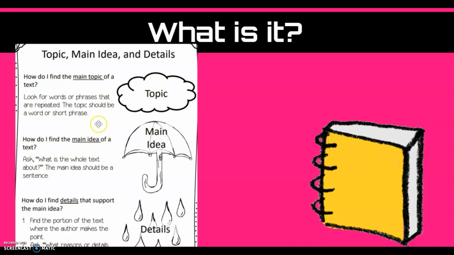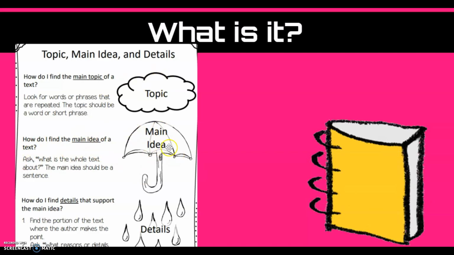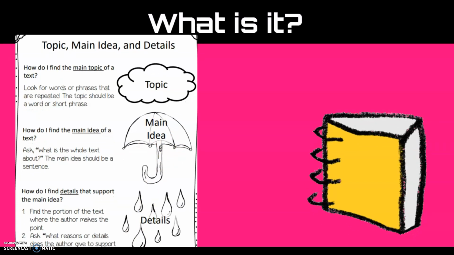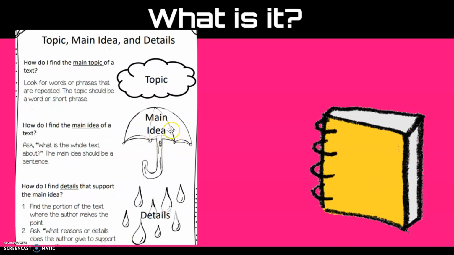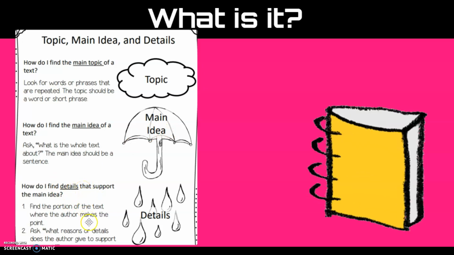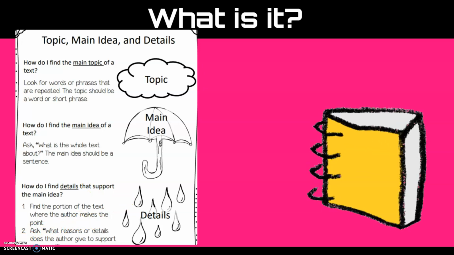The topic will be inside our main idea. Then we can look at details that describe the main idea. Details is another name for facts. Facts inside the paragraphs. Let's go ahead and start.